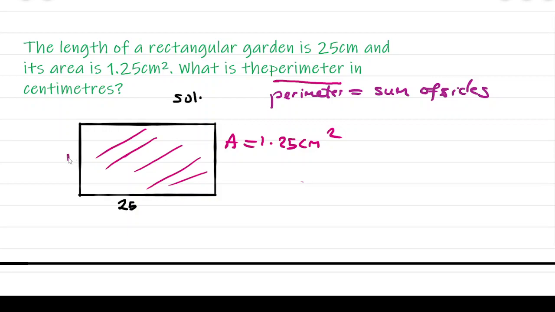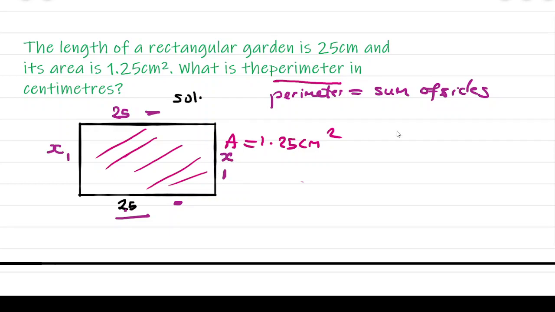We have to find this side, this side, this side, and this side. But we don't really have to suffer like that, since this here is 25, here as well is 25. So of course we have gotten one cheap answer. Now we don't know this part, so let's call it x, just like mathematicians do, and here is x, because in a rectangle the opposite sides are equal.